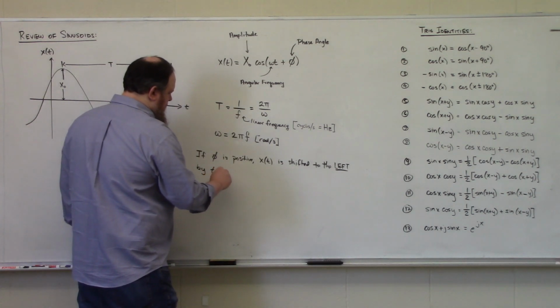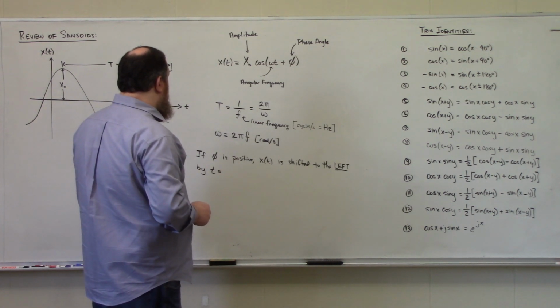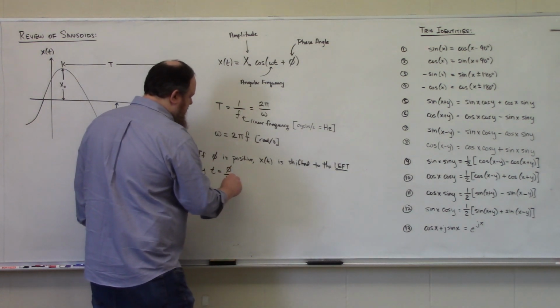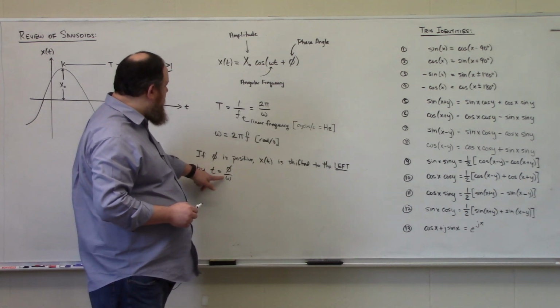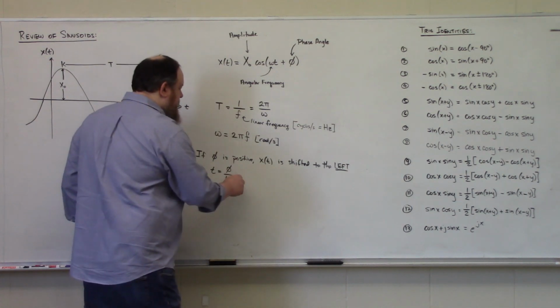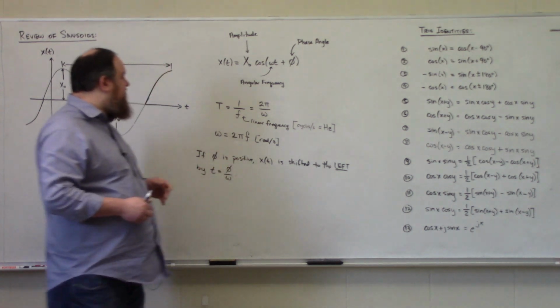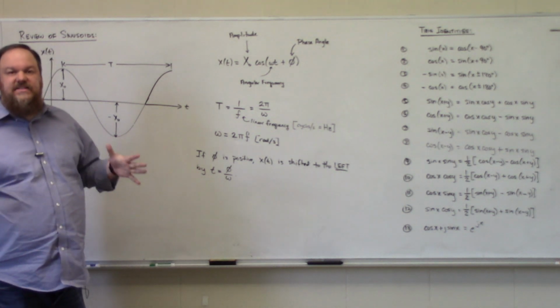It is shifted by t is equal to phi divided by omega. So that is an angle in radians divided by something in radians per second. So we have radians per second gives us time in seconds. Now, the reason why it shifted to the left for positive values of phi is because that means that we are happening at an earlier point in time, okay?